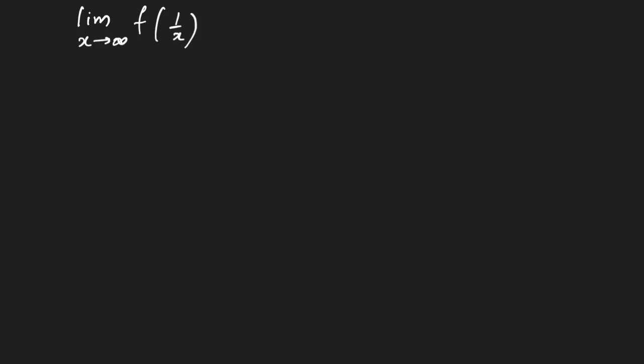Conceptually, this is not different from what we have seen so far, because we can look at this as limit x tends to infinity g of x, where g of x is given by f of 1 by x. So conceptually it is not very different, but still let us unravel what this concept would mean in terms of what we have seen already.